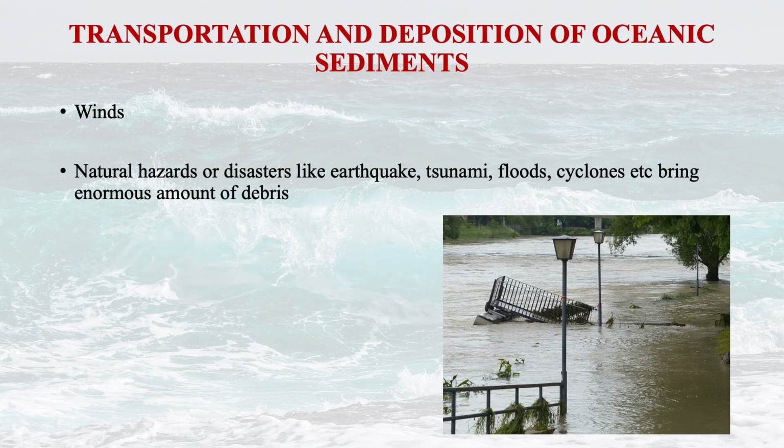So you might see that inorganic deposits are not only found along the coastal areas, but they are deposited along the mid-oceanic areas also. And sometimes natural hazards or disasters like earthquakes, tsunami, floods, cyclones, etc., bring enormous amounts of debris and deposit it in the oceans. So in this way, oceanic deposits are transported to different portions.